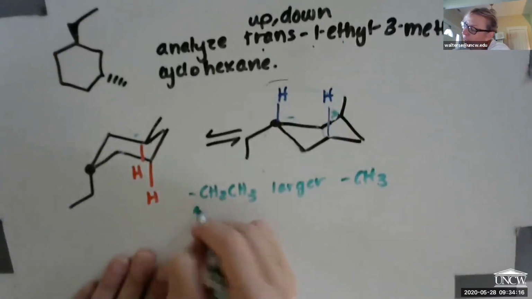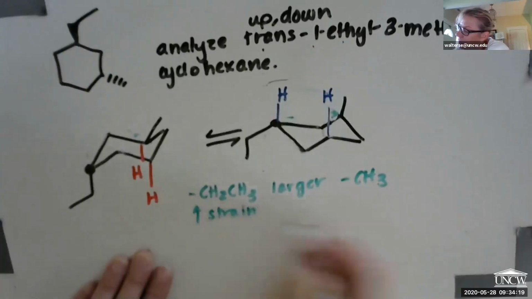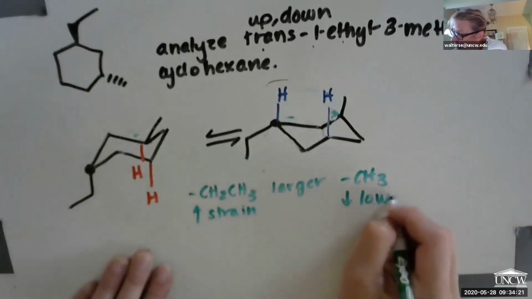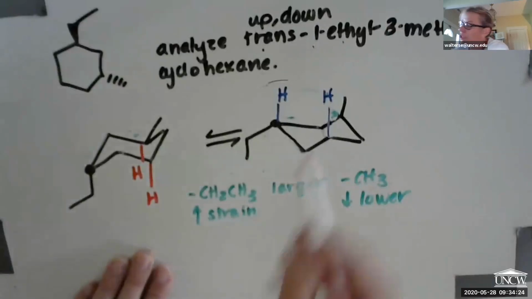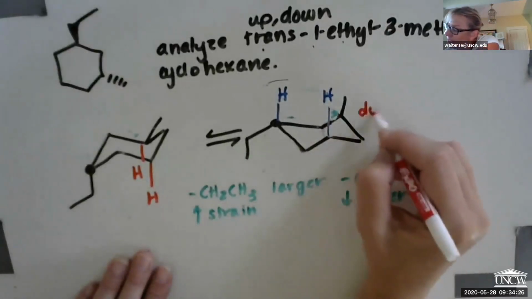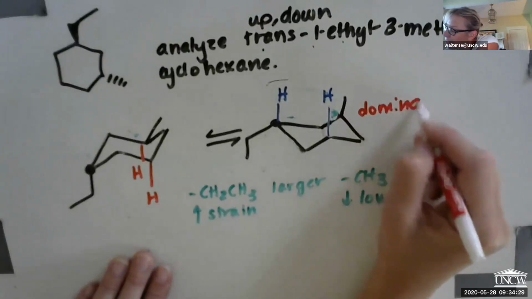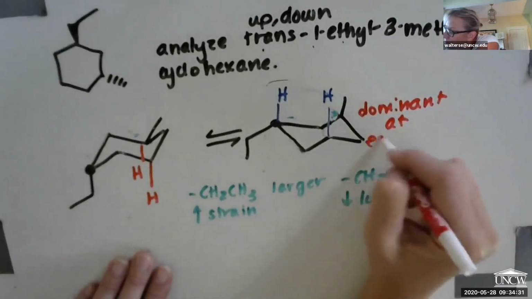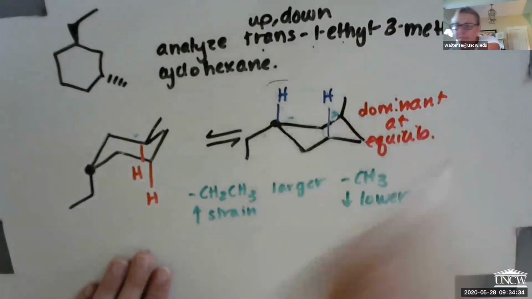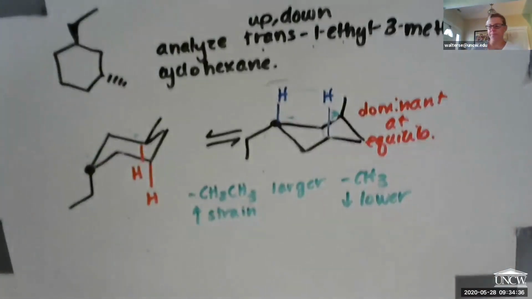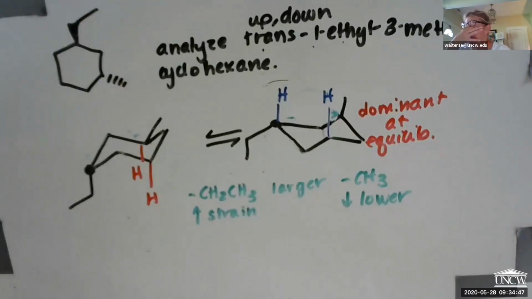So this is going to have higher strain, and this is going to have lower strain. The lower strain ring is dominant at equilibrium. Any other questions about this particular example with 1,3 in the trans conformation?